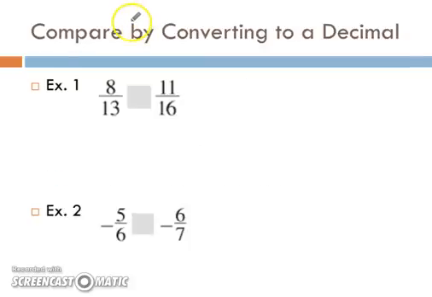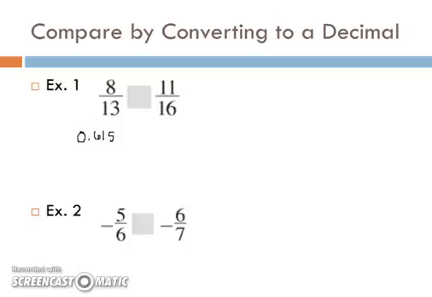To compare using decimals, you would want to convert each fraction to a decimal. So 8/13, if I divide 8 by 13, I would end up with 0.615, and it does have more, but I'm going to round it, so 0.615.